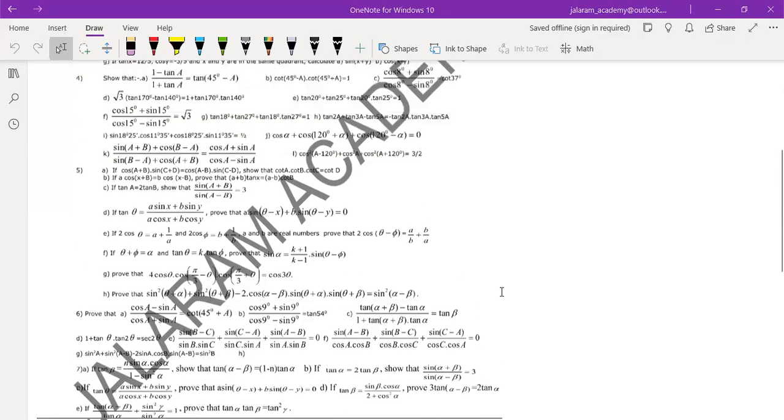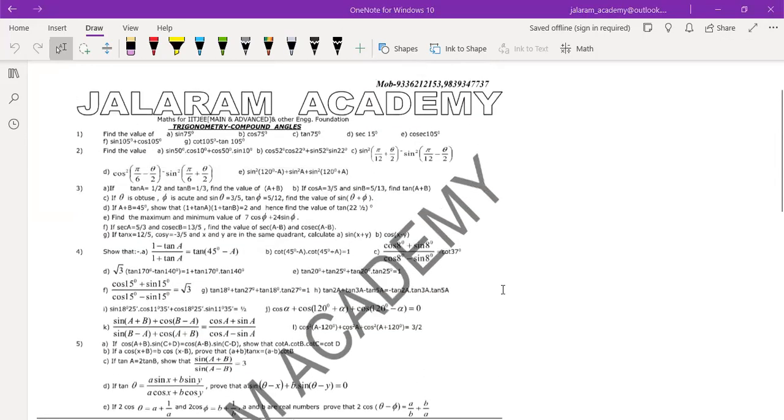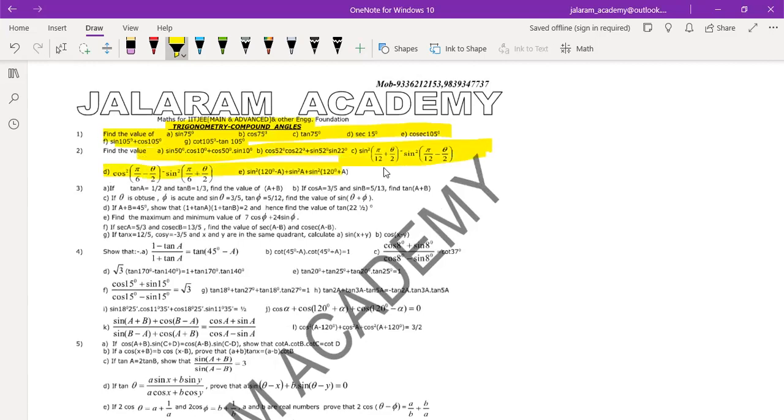Write and learn all these formulas and use them to solve these questions of trigonometric compound angles. Some of them we have discussed as examples, and the remaining you have to solve. Apply your mind.